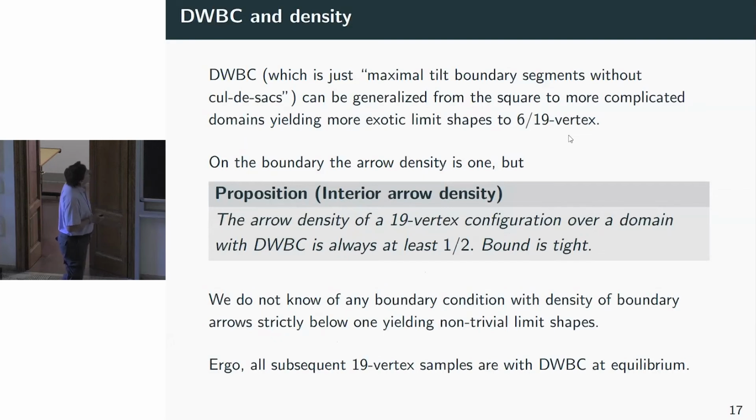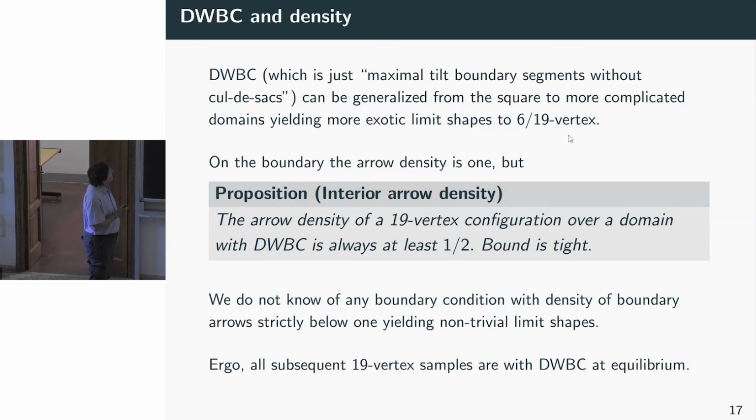But before I show you what you get to see there, one useful thing to notice is that the arrow density, even with this domain wall boundary condition, can fluctuate anywhere between 1 and 1.5 over the runs over the domain.